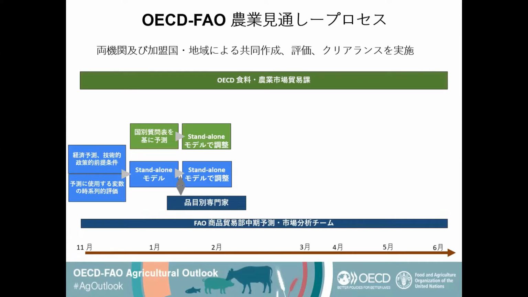On the FAO side, which you see on the bottom in blue, there is the starting point. We start actually with our model that the JIRCA's president just very well described and provided the background. So yes, this is the type of model that we use to provide the initial projections for the countries that we cover. But then, as we just heard, those models have a lot of limitations.